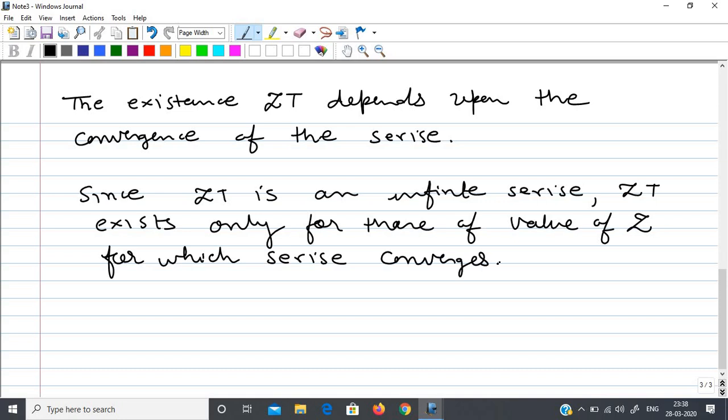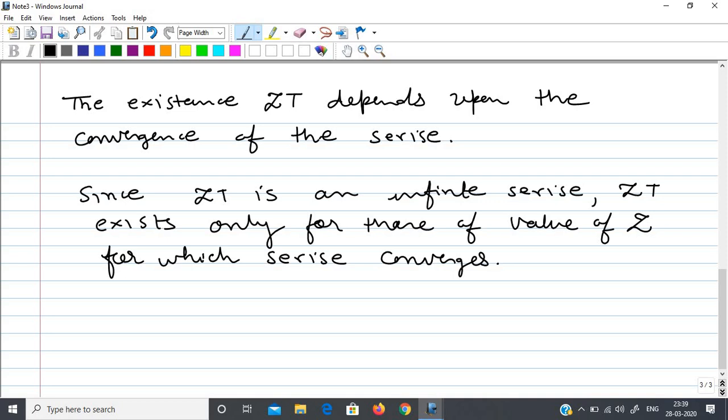In other words, this power series may converge for a set of values of z, and it may not converge for another set of values of z. The set of values of z for which this series converges, we shall call this set of z the region of convergence.